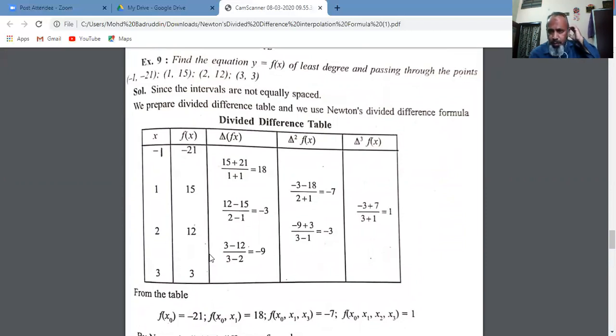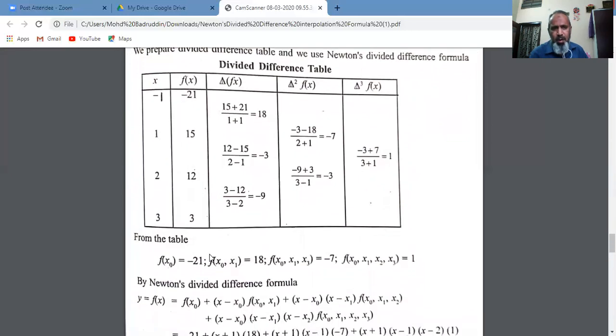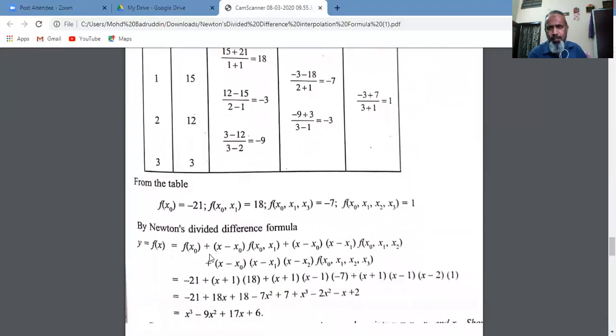That means we have to write the polynomial of least degree. So we use the formula up to the third divided difference, which gives a cubic polynomial.